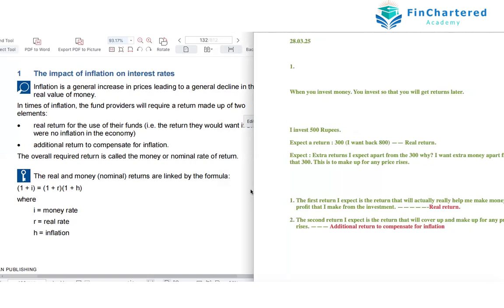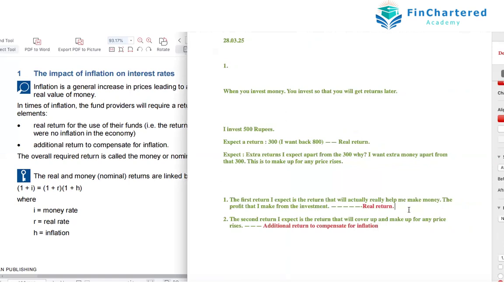what do we have? We have something known as the money return. Money or nominal rate of return. So the money rate is basically the total return I want. I want basically 300 rupees to earn back plus 100 rupees to cover up for the inflation.